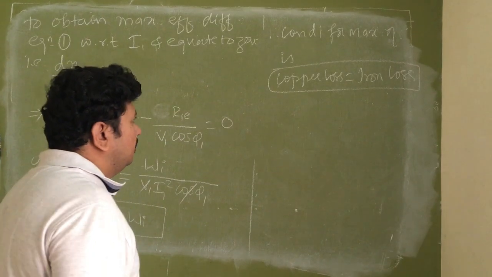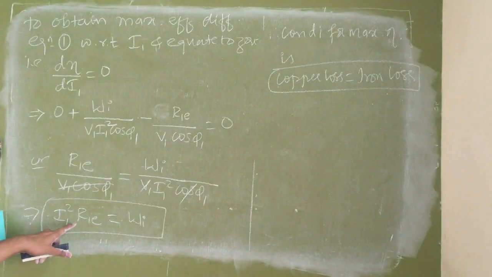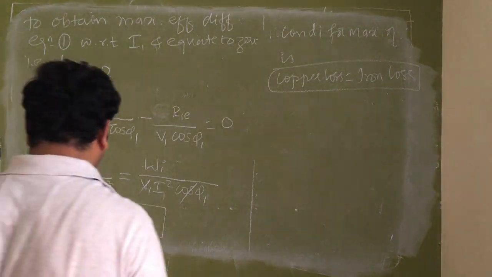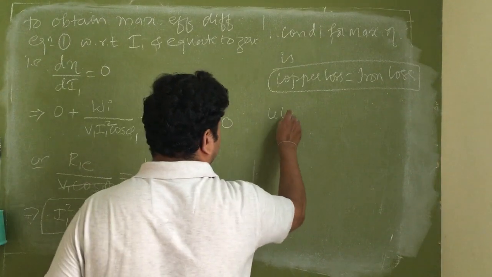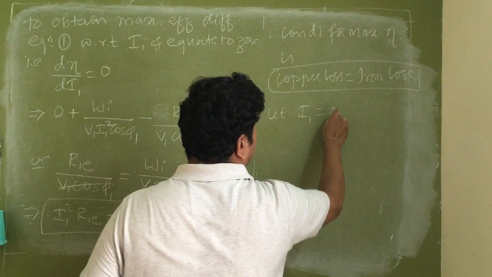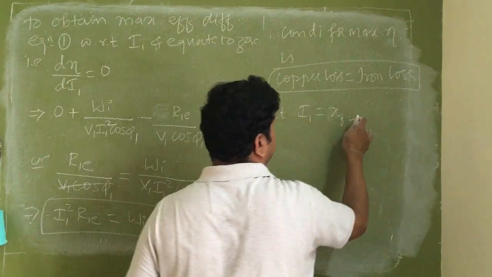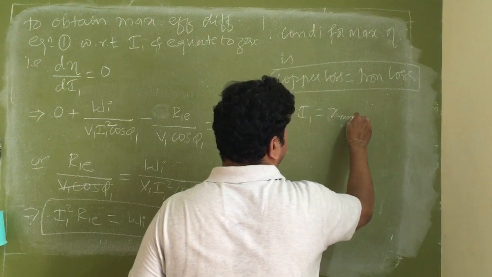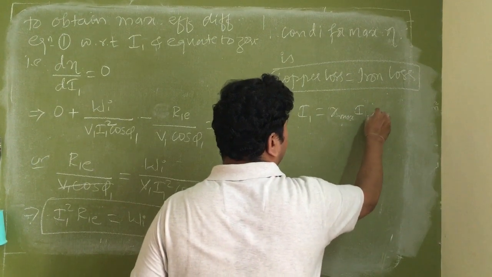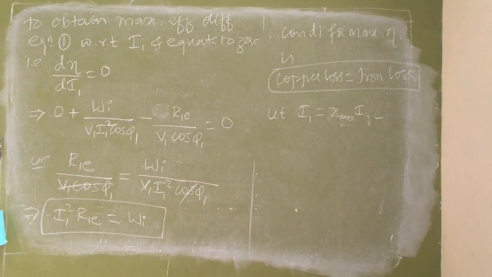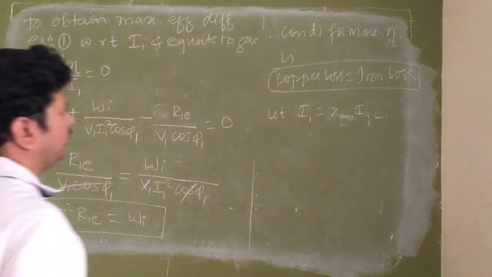Now, what is the load factor at which iron loss will become equal to copper loss? Let I1 equal x max into I1 full load. So what is copper loss?